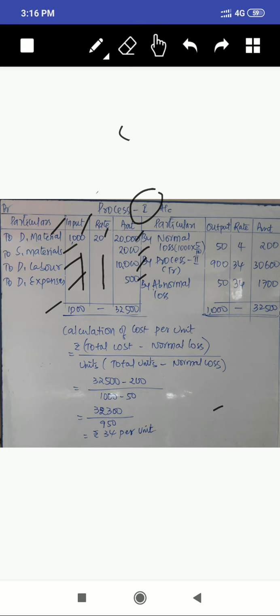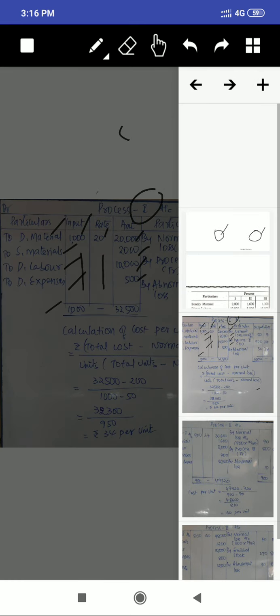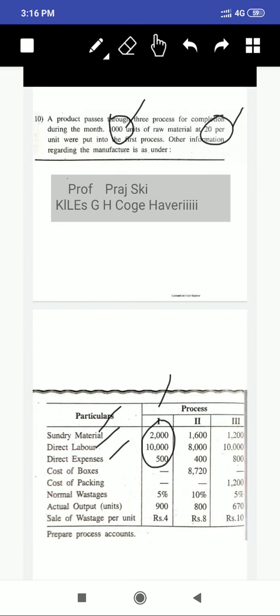And move to the credit side. By normal loss. How much normal loss is here? See, the normal wastage in the first process is 5%, and this 5% of normal wastage is on the input column. And what is the rate for that? 4 rupee per unit.